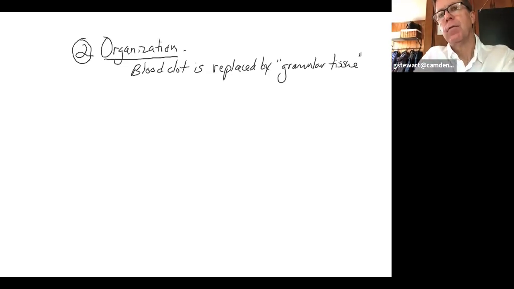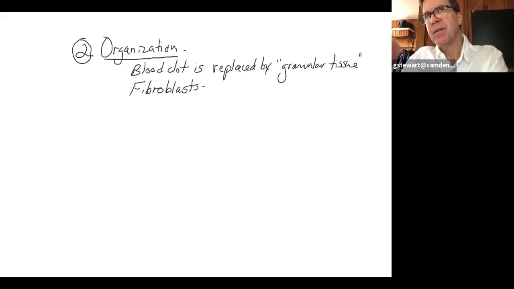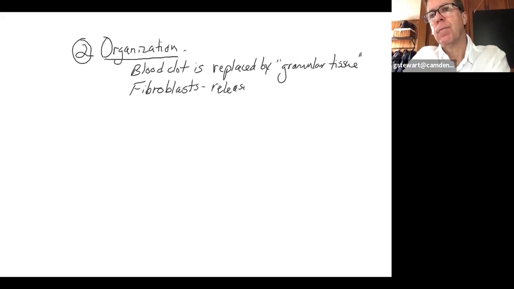So this will be good for you to review this term. Fibroblasts, during this stage of tissue repair called organization, fibroblasts in the new tissue release growth factors. Don't worry about what growth factors are.